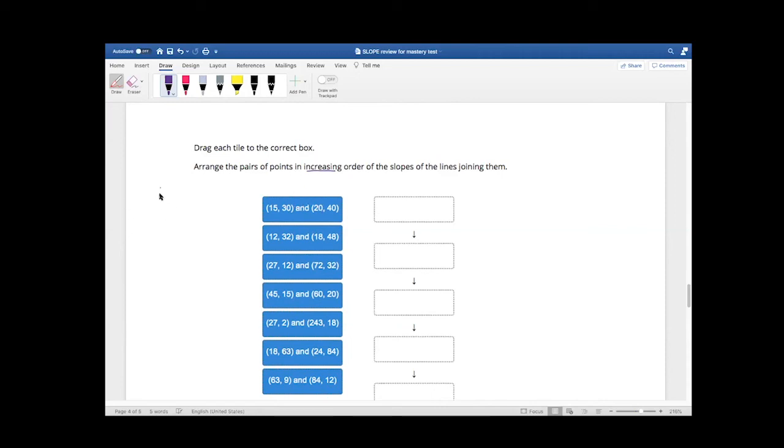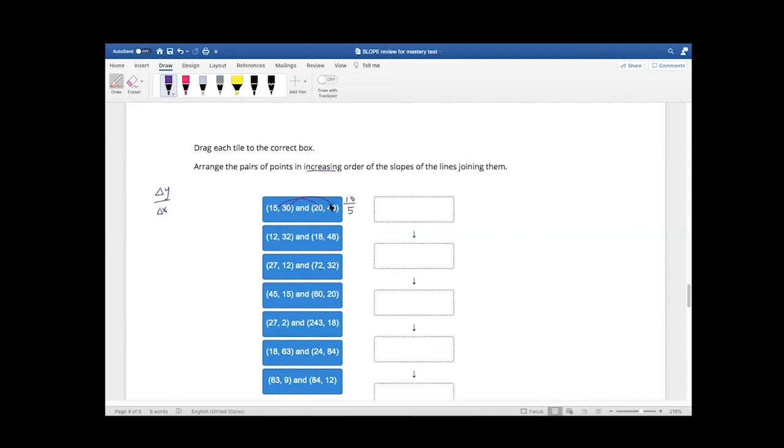still do my change in y over that change in x. So I want to subtract my y values. So I'm going to find the difference between my y values. 40 minus 30 is 10. And then the change in my x values, 20 minus 15 would be 5.